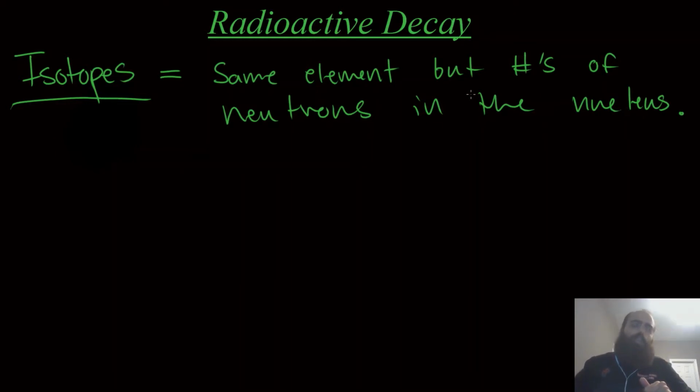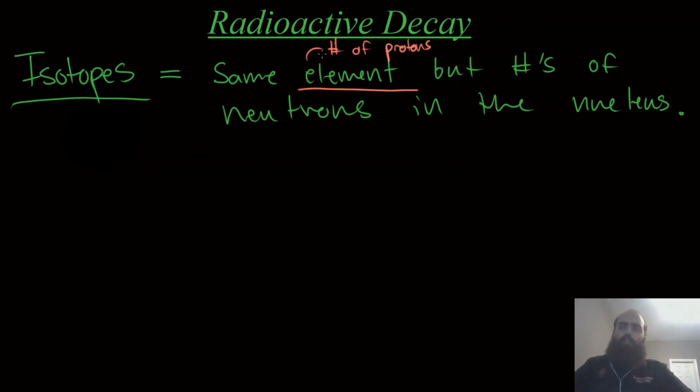If you recall from your chemistry class, what makes an element unique is the number of protons. If you're looking on the periodic table, element number 1 has 1 proton and that's hydrogen. Element number 2 has 2 protons and it's helium.